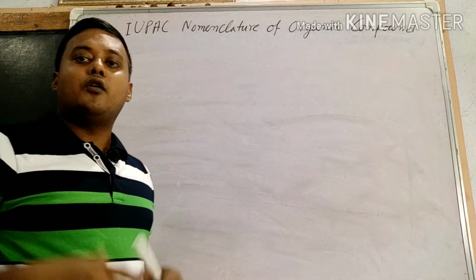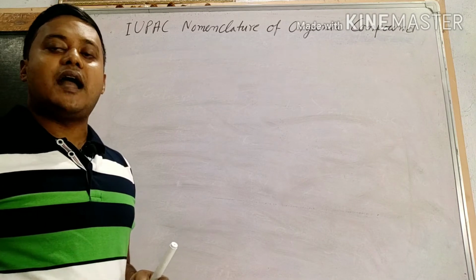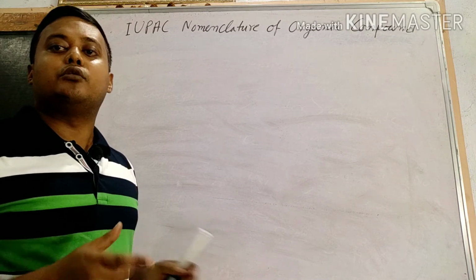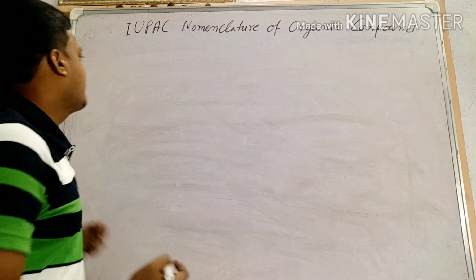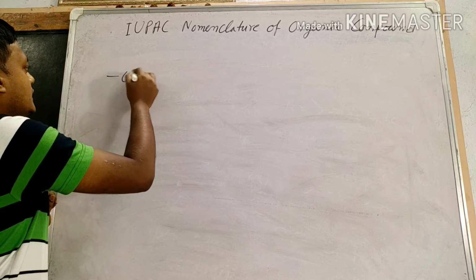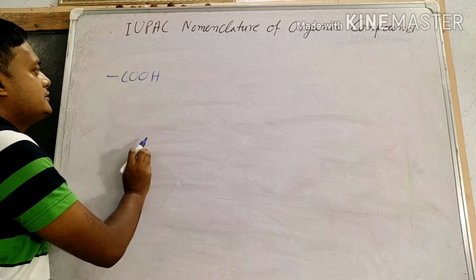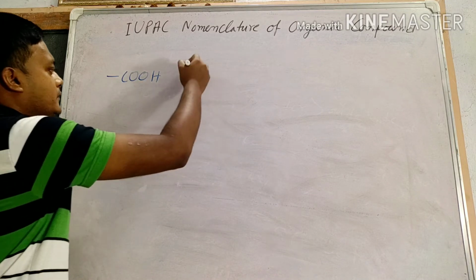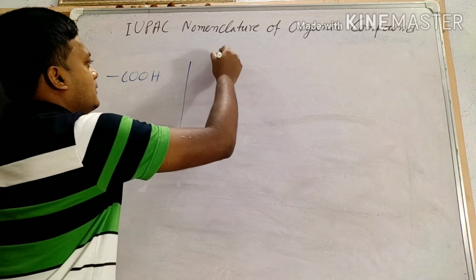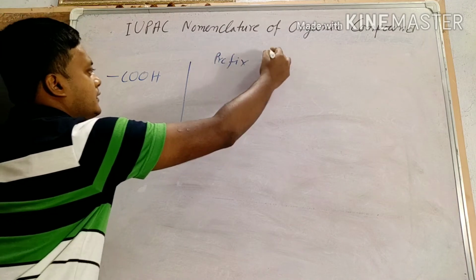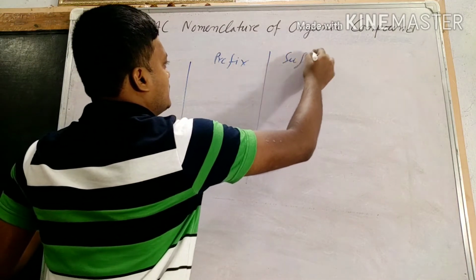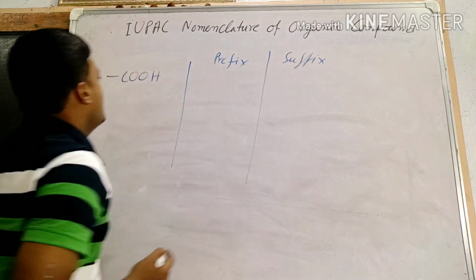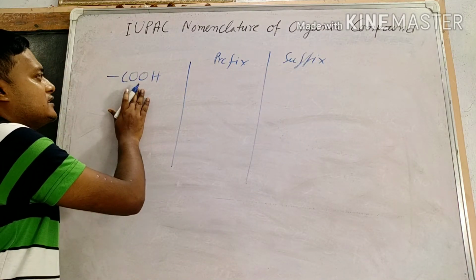You have to learn what the prefix and suffix will be for a particular functional group. COOH is the carboxylic acid group.